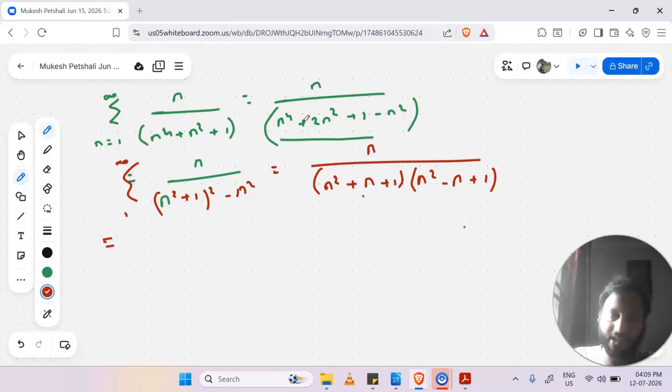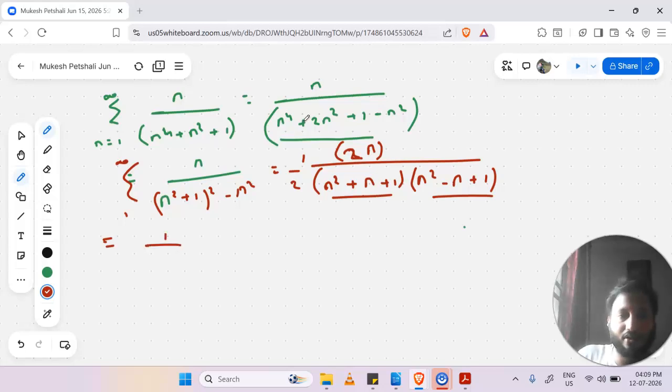And what's in the numerator? The numerator has n. So if I divide the numerator by 2 and multiply by 2, this 2n can be replaced with this minus this. Why am I doing it? So that I have a cyclic series.